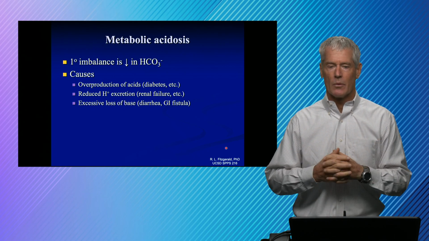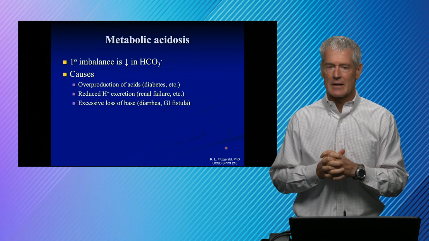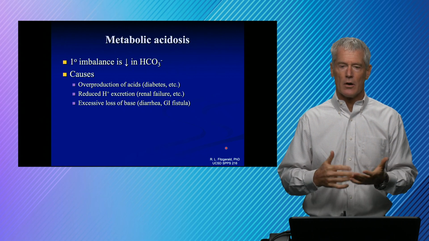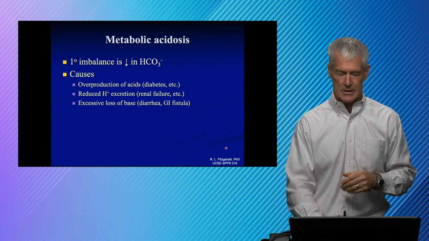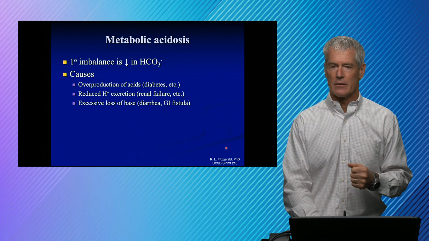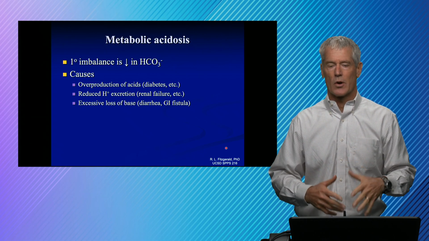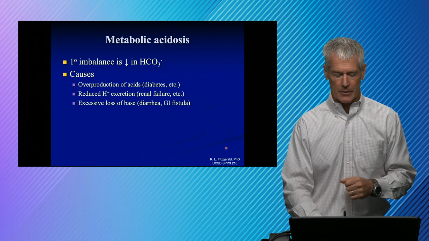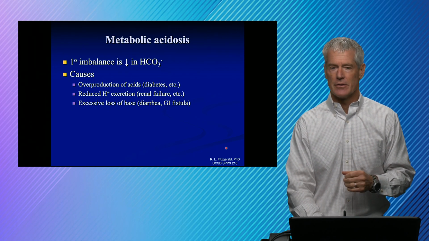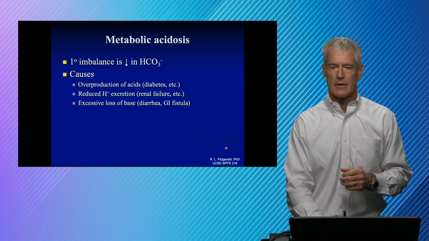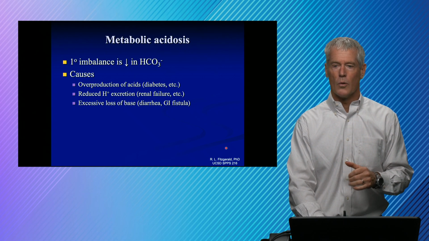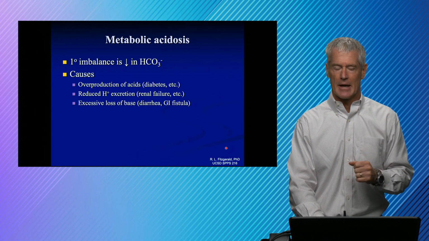Renal failure is another one where you can't excrete acids effectively. If you lose a lot of base, diarrhea, you're excreting a bunch of bicarb, or a GI fistula where you're actually leaking out bicarb from your intestines, are also examples of a primary imbalance of low bicarb and a metabolic acidosis.